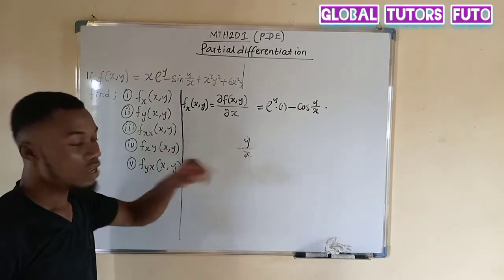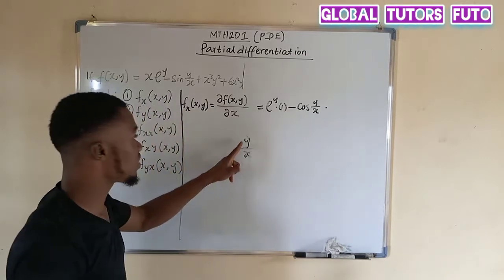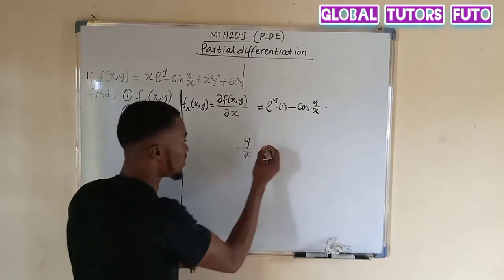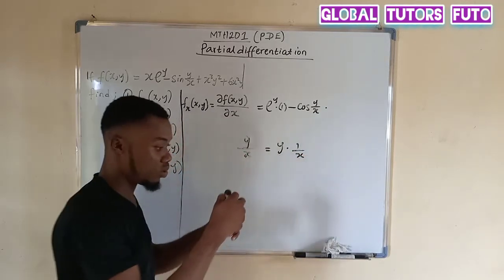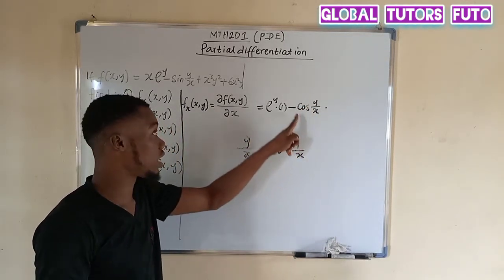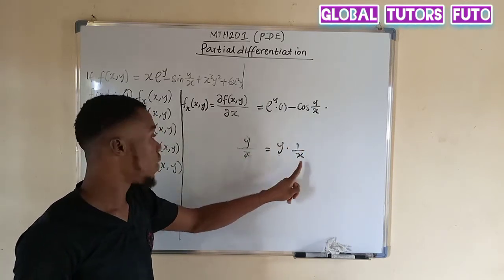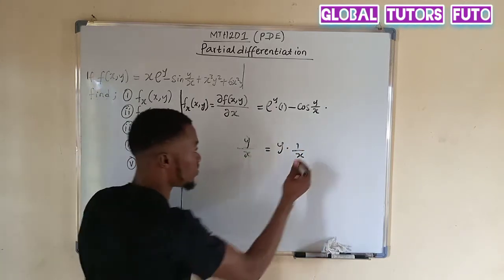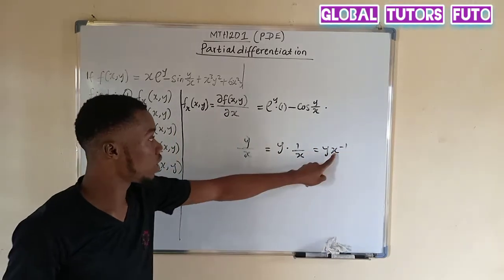So you know that in partial differentiation, anything that is not x is a constant. So our constant here now is y. This is the same thing as y times 1 over x, because I want to differentiate this angle so that I can multiply with this. So this one now is a constant, while this is not the constant. So this is y times x to negative 1. Okay, look at the one I'm differentiating.